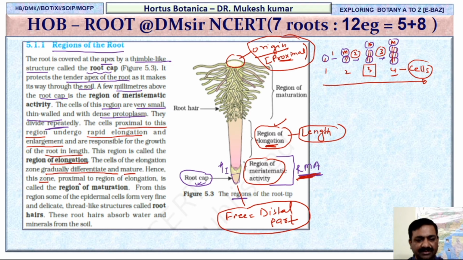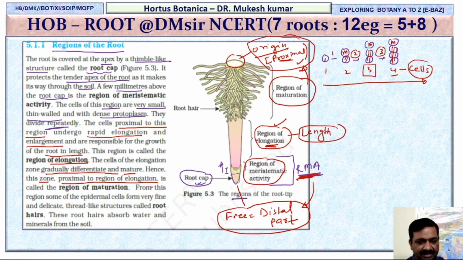Hence, the zone proximal to the region of elongation, again proximal means near the origin, is the maturation region. So maturation is proximal to elongation, elongation is proximal to rama, and rama lies at the distal end. You can also say that maturation lies at the proximal end. Fine. Now you can get the reference of their proximal and distal positions.